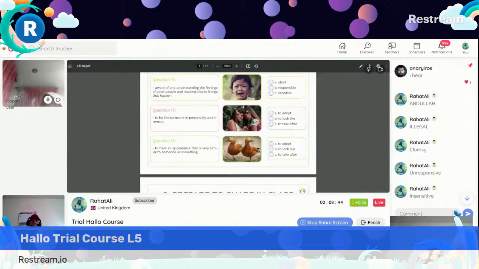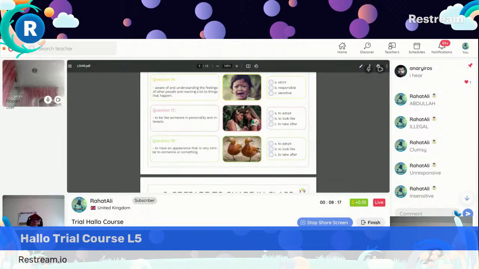After look like, do you use adjectives or noun? Look like and look alike. Three things: looks, look alike, look like. Look like him. Adjective?